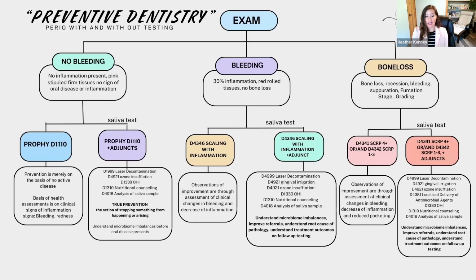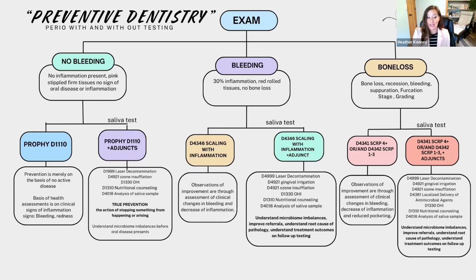So without testing, we are looking at observations of improvement based on bleeding points and inflammation. I want to challenge you all tonight to think outside the box of this because I've seen so many tests. I've seen tests on 14-year-old kids who are perio nightmares. But you know what? They don't have bone loss yet. But they're definitely headed towards that if we don't start treating them sooner. Okay.